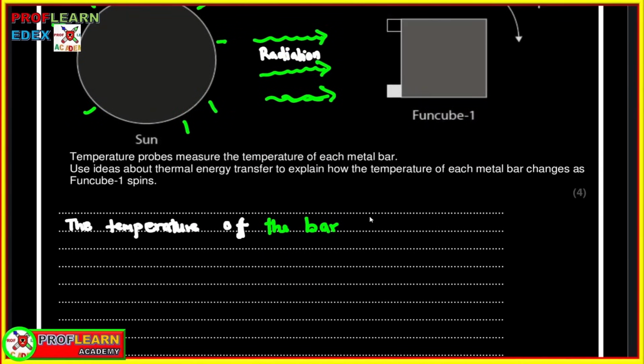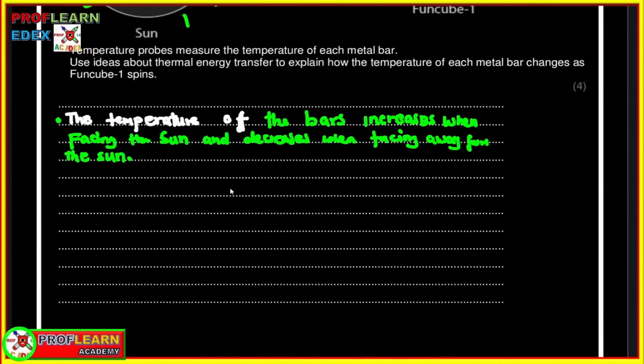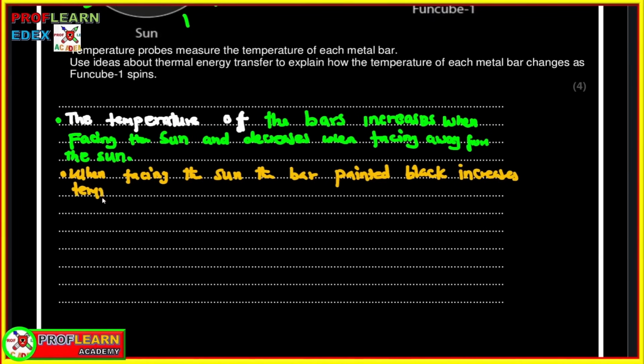So the temperature of the bars increases when facing the sun. Both of them increase, but that of the black is going to increase faster than the white one, because black surfaces are actually good absorbers, while the white surfaces are poor absorbers.